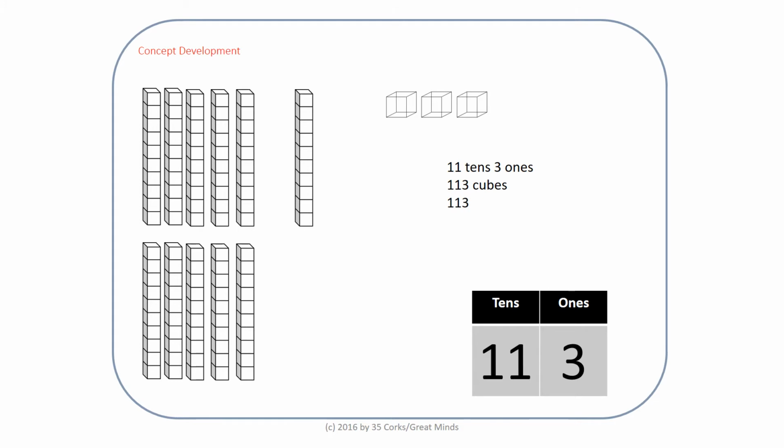Did you guess correctly? 11 10s, 3 1s would be 113 cubes, or just the number 113. In my place value chart, we have 11 10s, like you can see, and 3 1s, which would be the number 113. You guys are probably getting really quick at this now. Let's see the next one.